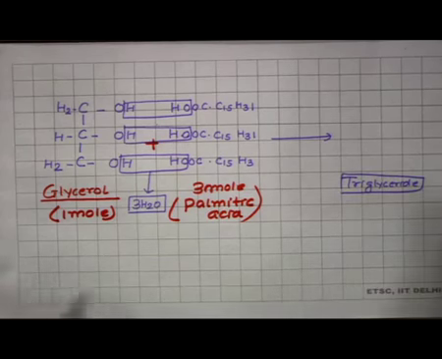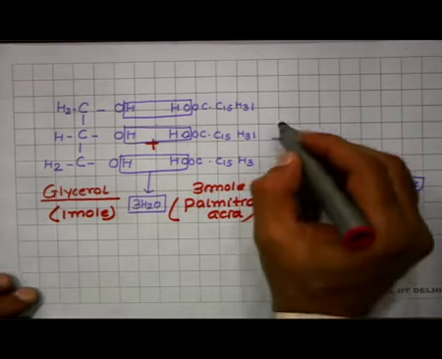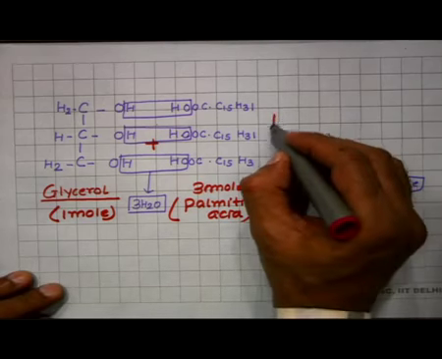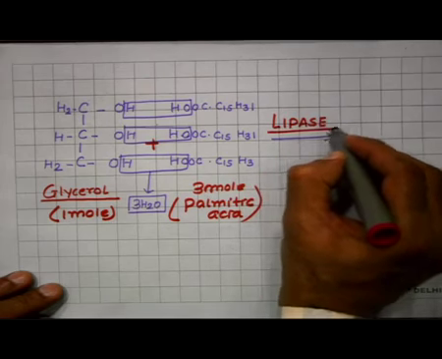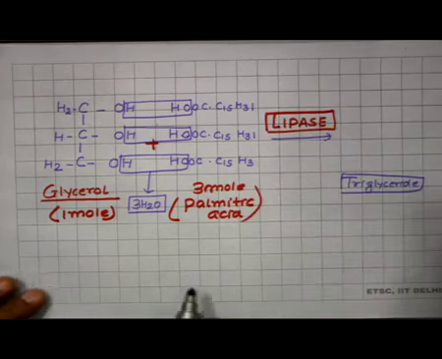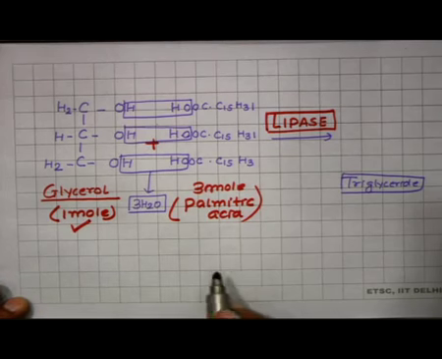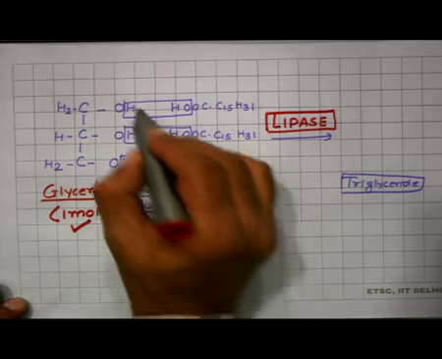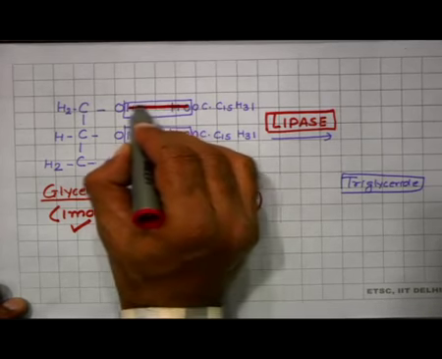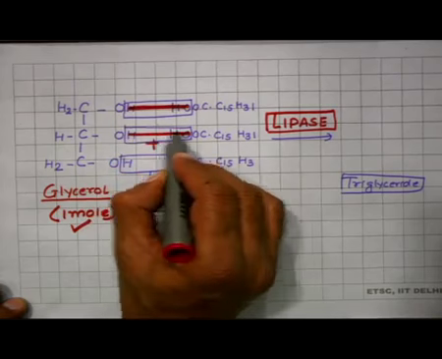And this reaction occurs with the help of the enzyme lipase. So with the help of lipase enzyme, 1 mole of glycerol combines with 3 moles of palmitic acid, and after the removal of water this structure is formed.